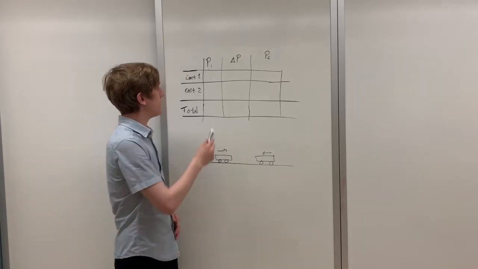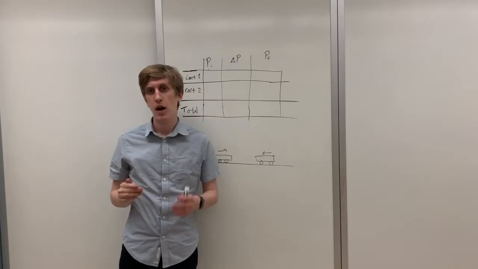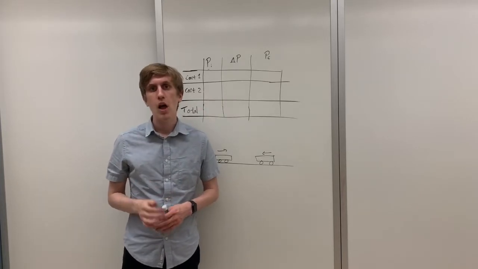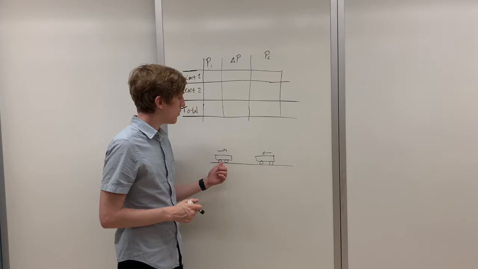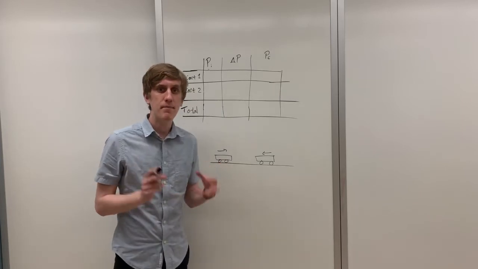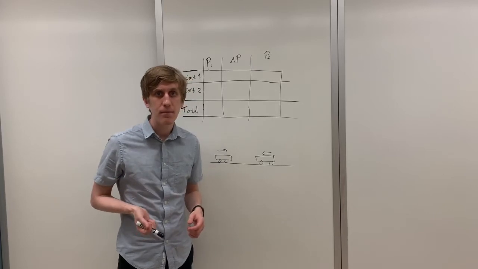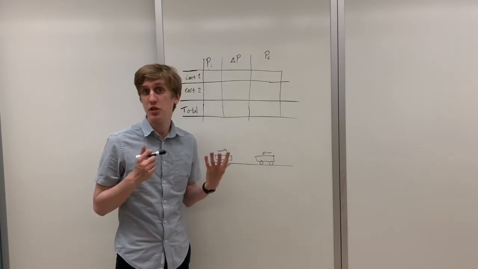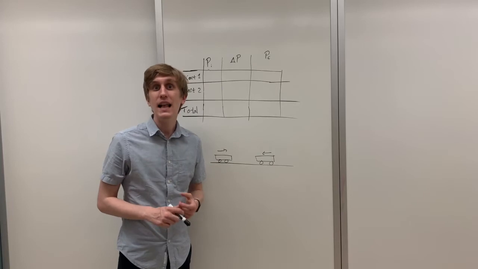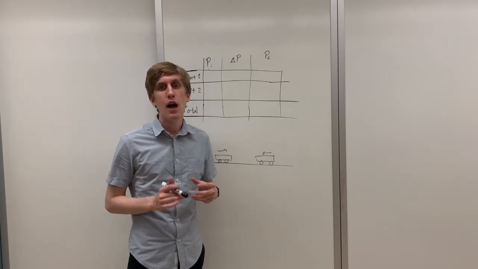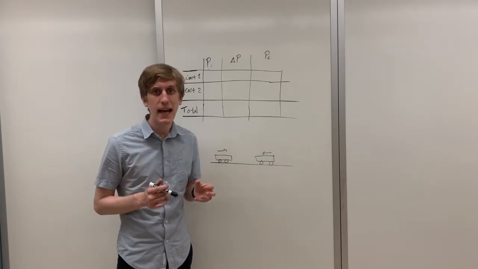Let's start by filling in the initial momentum of the carts. The way we set up the problem is that both carts have the same mass and are traveling at the same speed. Because momentum is just mass times velocity, this means that the magnitude of their momentums are going to be the same.